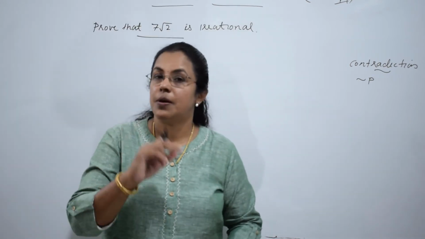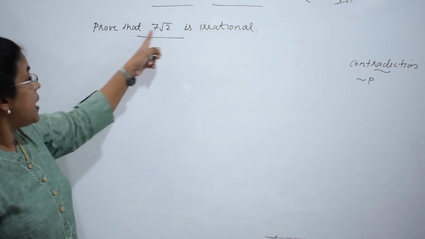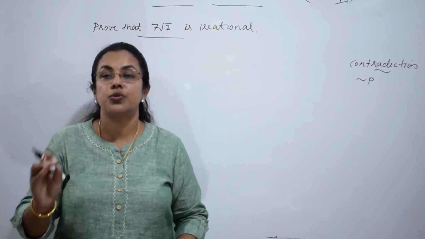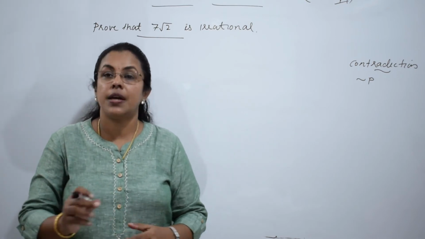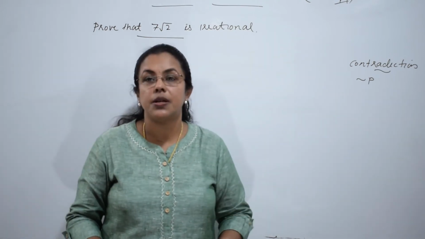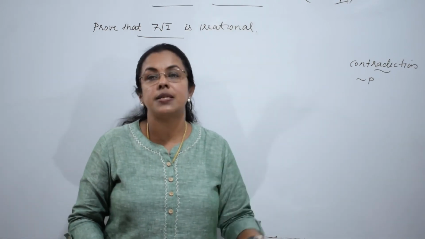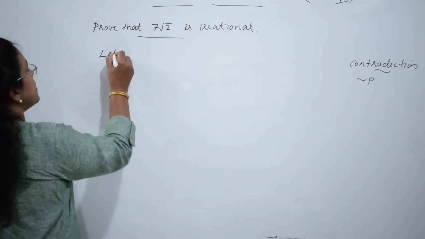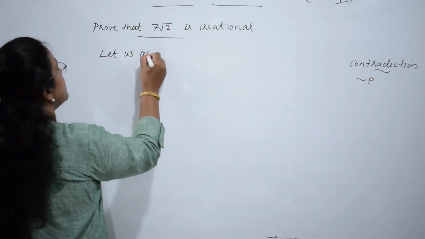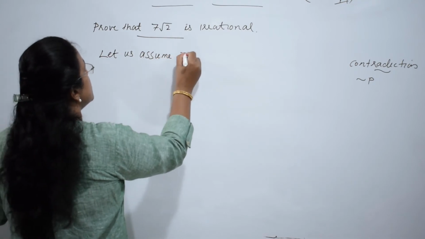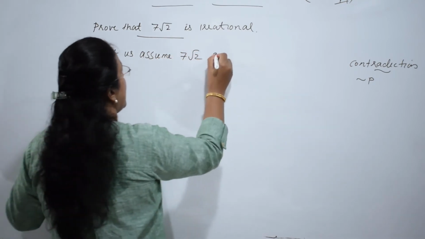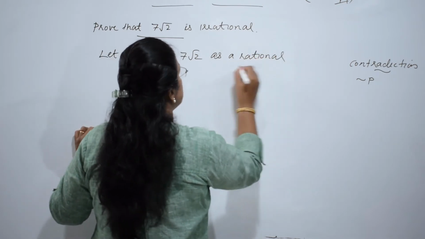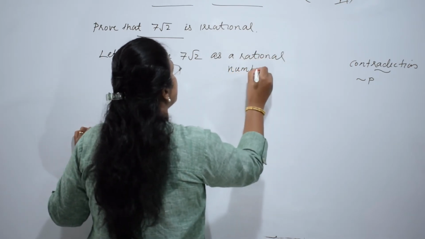Let us practice one more question. Prove that 7 root 2 is irrational. Again, the method used is method of contradiction. So let us assume the opposite to be true. Let us assume 7 root 2 as a rational number.